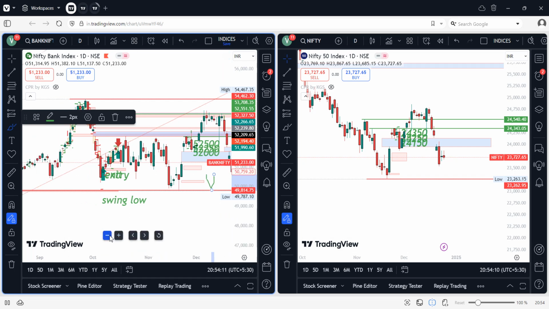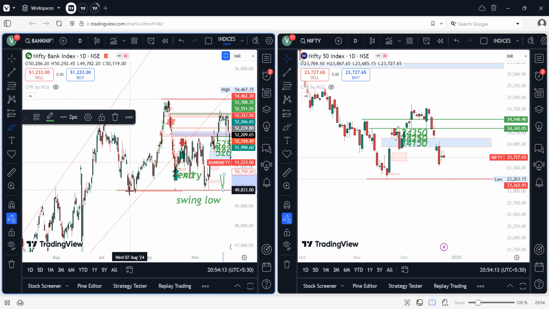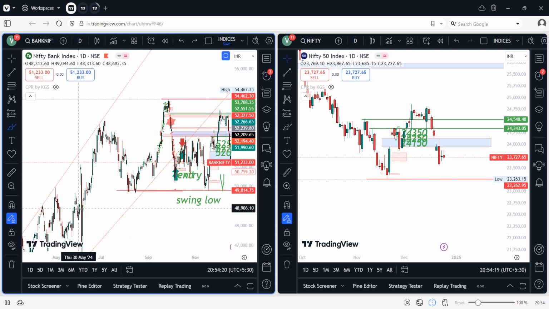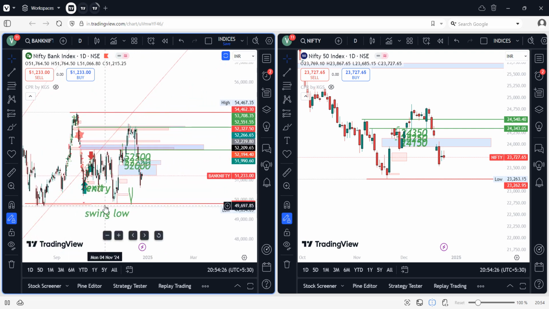How do you know that? Even before the market opens, you know this is the swing low, and the price took support from that swing low. Hope you guys understand that. These are going to be zones.